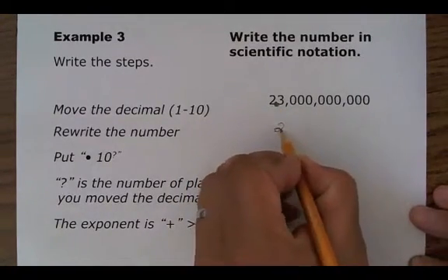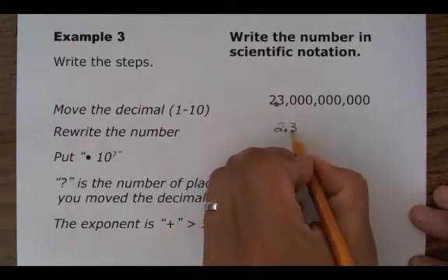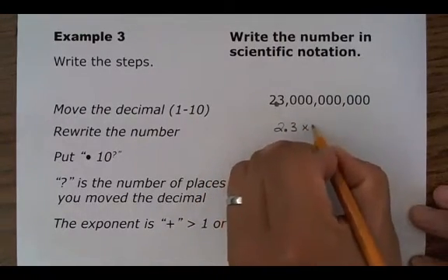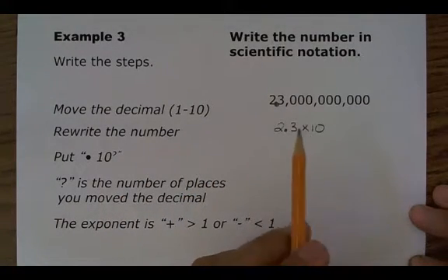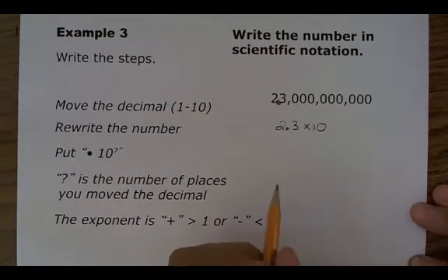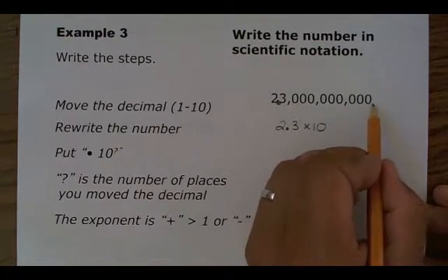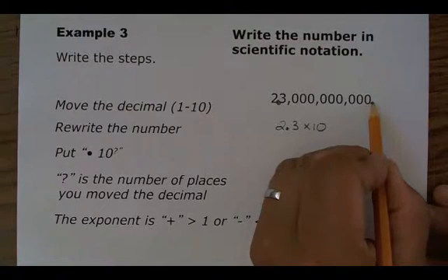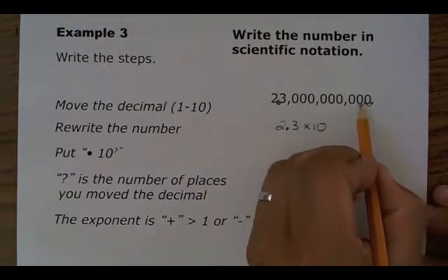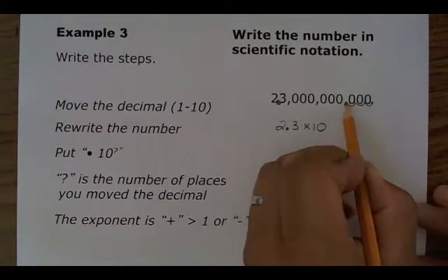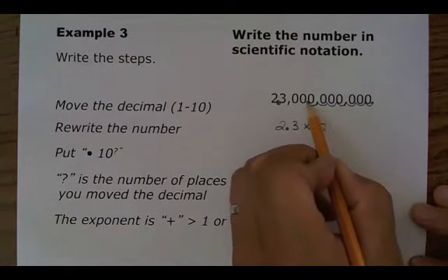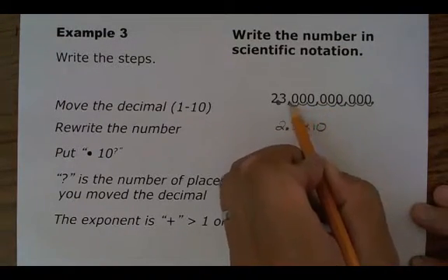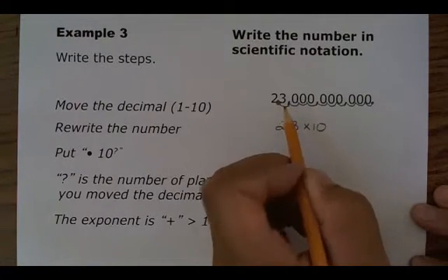So I'm going to rewrite that, 2.3, and I'm going to add the times 10 because it's in base 10. And then I'm going to count how many places I had to move the decimal. Remember that the decimal originally started at the end, which is right there, and that would be 1, 2, 3, 4, 5, 6, 7, 8, 9, 10 places.